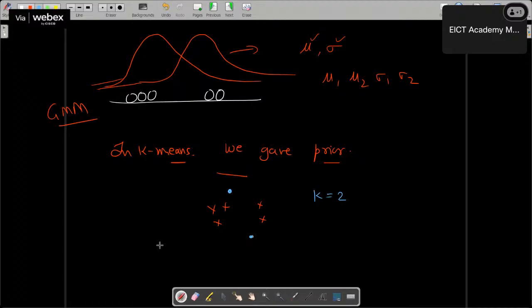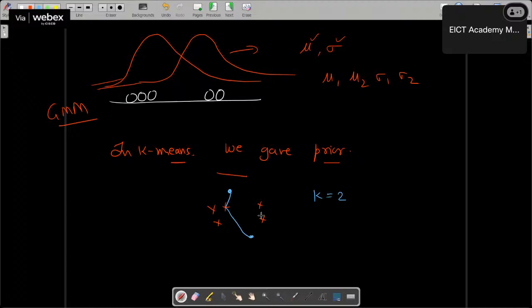So we pick these centroids around the data set, any 2 points as a sample. Then calculate the distance from this data point to this centroid and from this data point to the other centroid. Whichever is less, the data point belongs to that centroid. Then again we calculate the centroid and do the same procedure again and again.